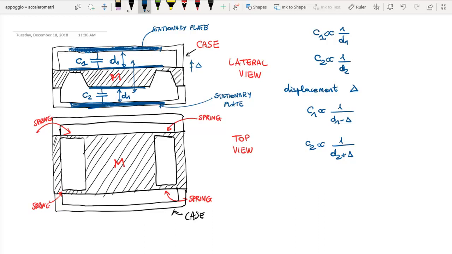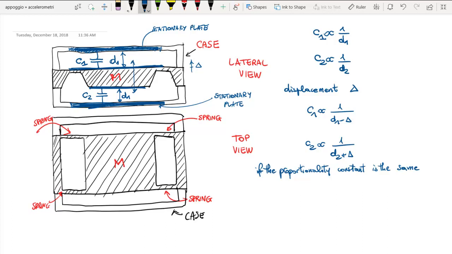Okay, if the geometry is such that the proportionality constant is the same, and the proportionality constant essentially depends on the area and the shape of the plates. But for the moment, this is not of interest to us. But let's assume that the proportionality constant is the same.